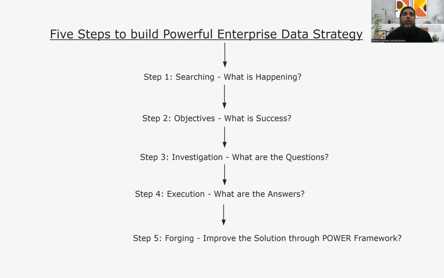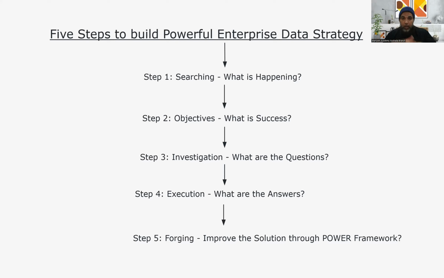And the last but not the least is remedies, like what kind of fixing we can do. Obviously, once we start building the solution, we're going to identify the areas that need fixing.